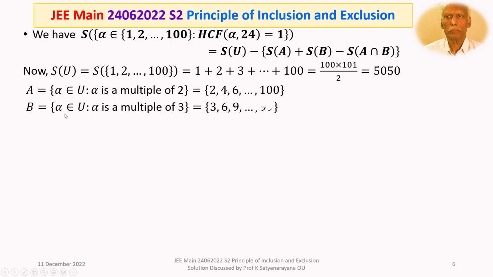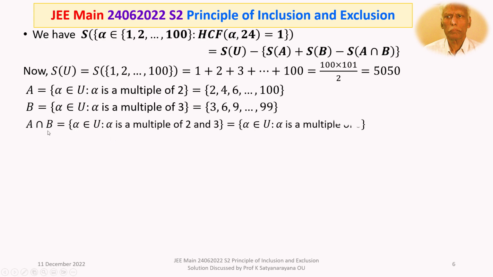B is the set of multiples of 3, that is 3, 6, 9 up to 99. A intersection B is the set of all those elements in U which are multiples of both 2 and 3, that is multiples of 6: 6, 12, 18 up to 96.